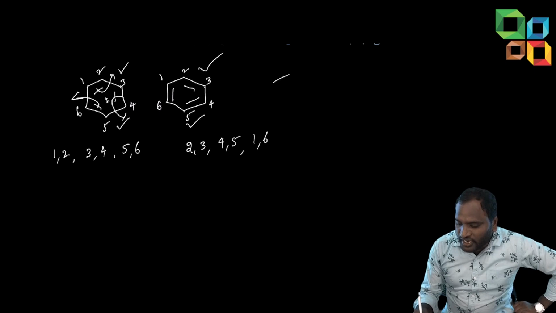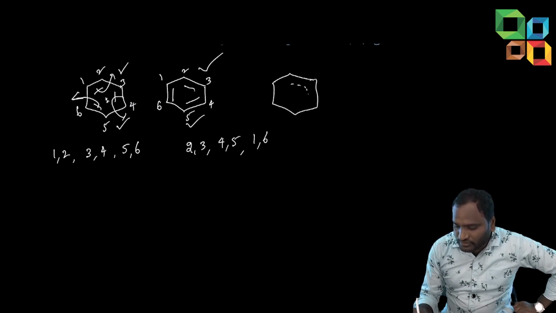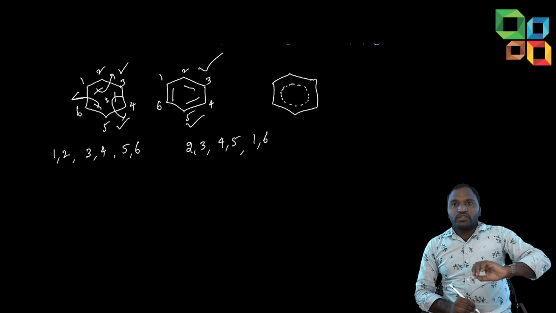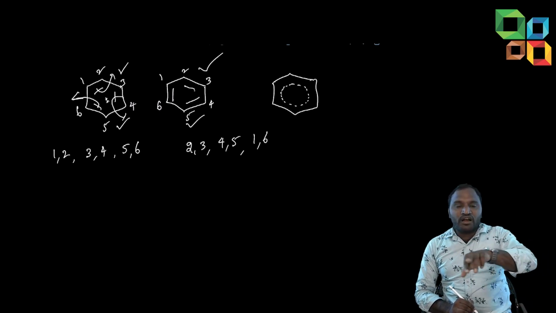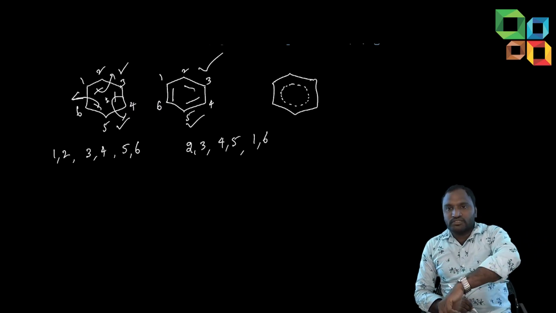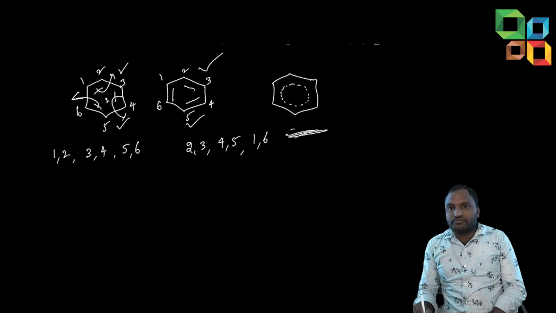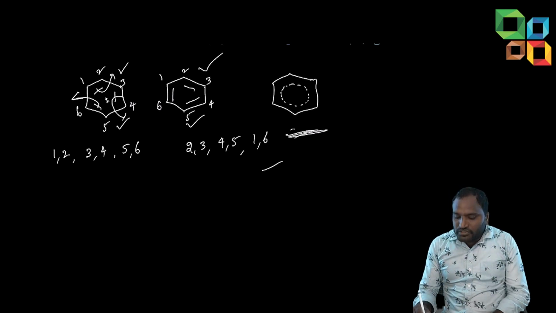So this hybrid structure, how will we write? These double bonds are not permanent between any 2 carbon atoms. To represent this, we are using a hybrid. This is called the resonance hybrid. So actually, we have to write benzene like this.